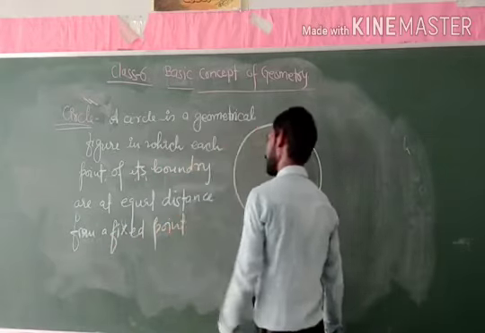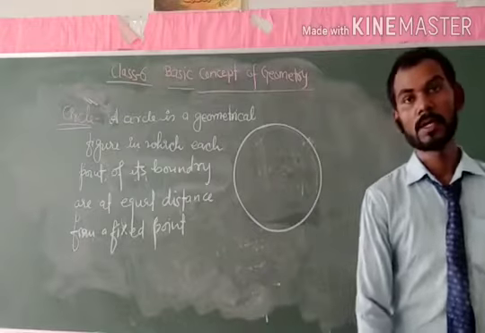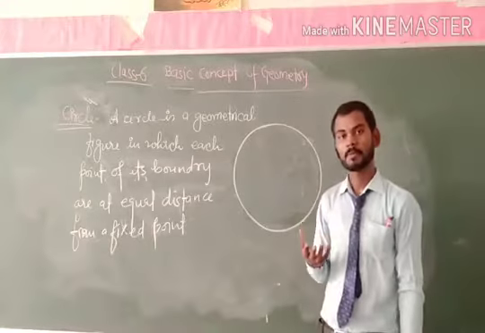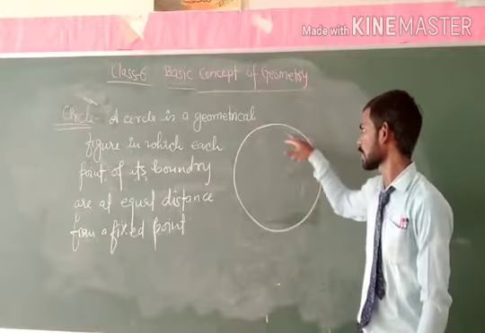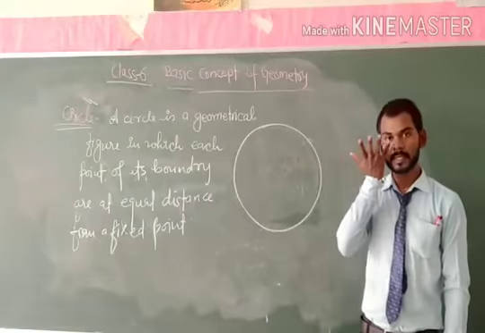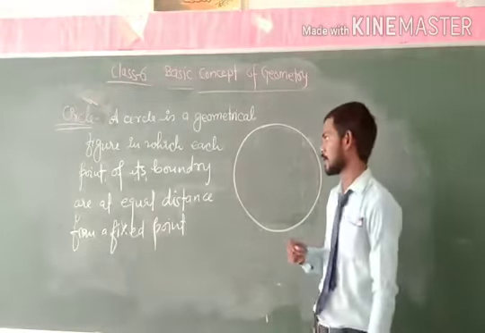This is the definition of a circle: a geometrical figure in which every point of its boundary is at equal distance from a fixed point is called a circle.